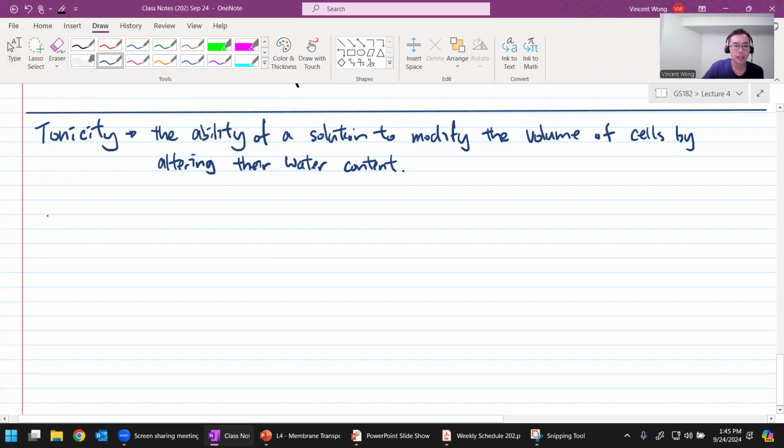Okay. So let's start with the first situation. We have an isotonic solution. Okay, this is before, and this is after.